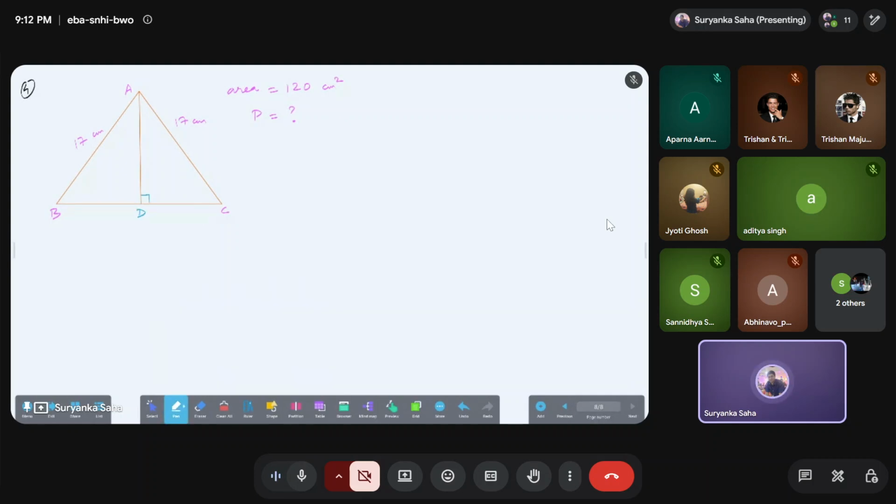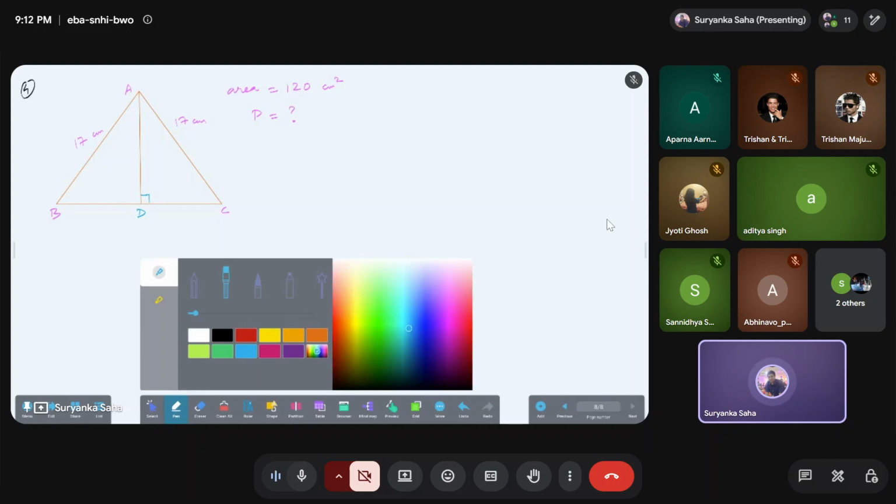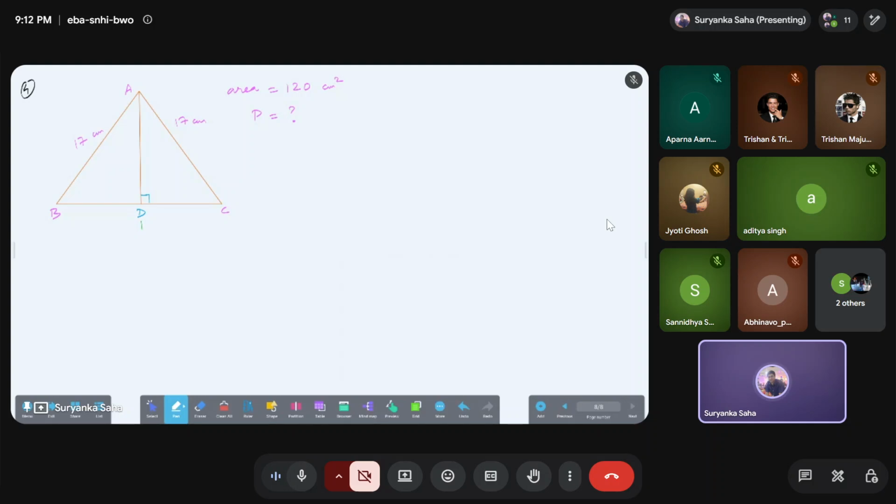Now, let it be D. Take half length as X, it will be a good idea. Otherwise, you will make a big mistake. So another half will also be X, so the full base will be 2X. BC will be 2X. Got it? Everyone? Chalo. Now you continue.